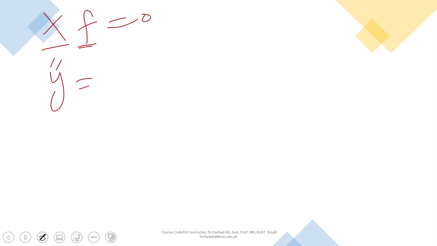Let's say this is my differential equation: y double dash equals x plus y dash, and let's say it is squared. So I'm checking this generator.